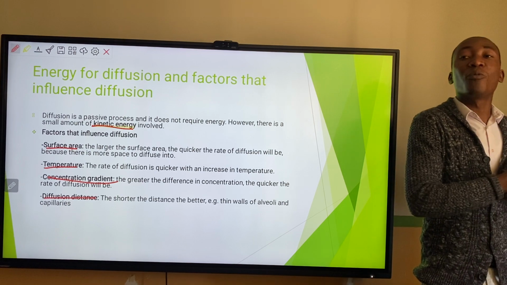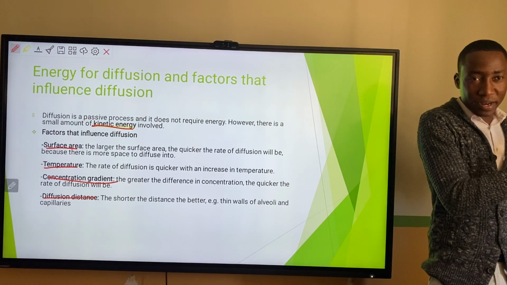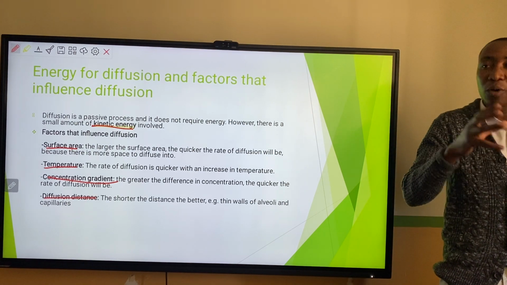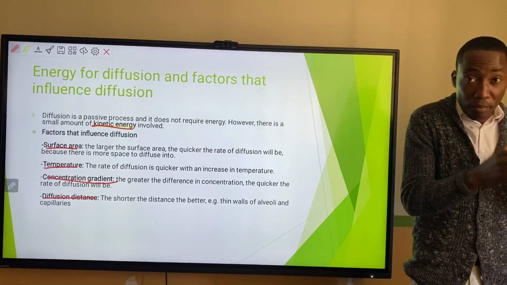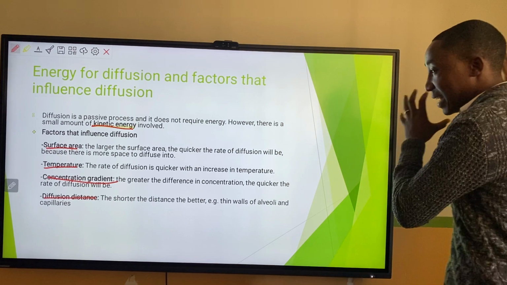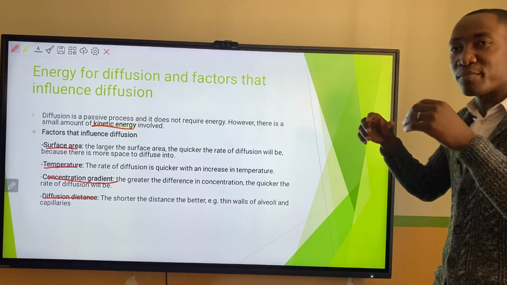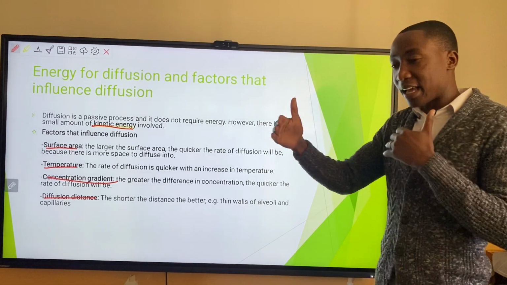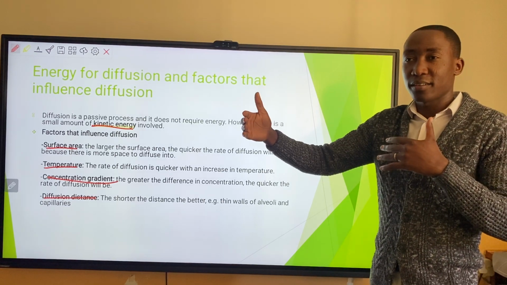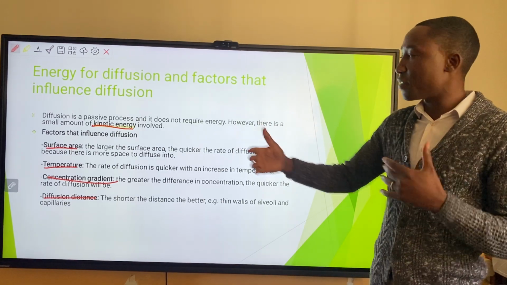Diffusion will be way faster the moment I spray. That smell will go faster from the moment I sprayed, because it's there on a higher concentration. But with time, it will start to diffuse, but a little bit slower, because the gradient became lesser. The differences have become lesser.